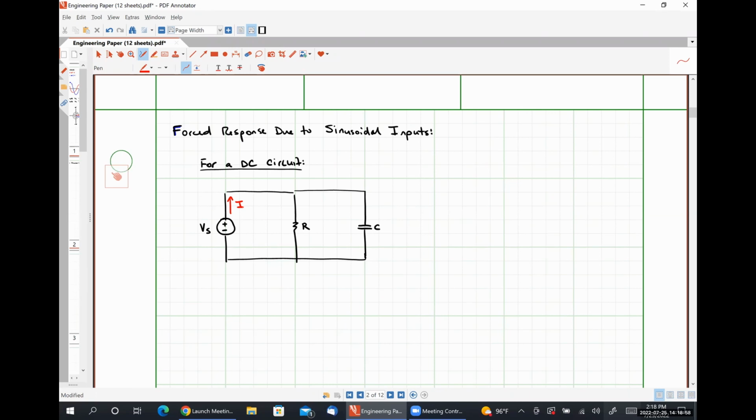So in this DC circuit, we can use our DC circuit analysis techniques to find that our current I, in this case, would simply be Vs over R. So if we excite our system with a DC signal, like this voltage source, we get out a DC signal like this current.